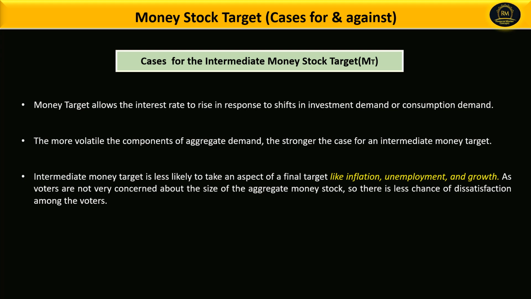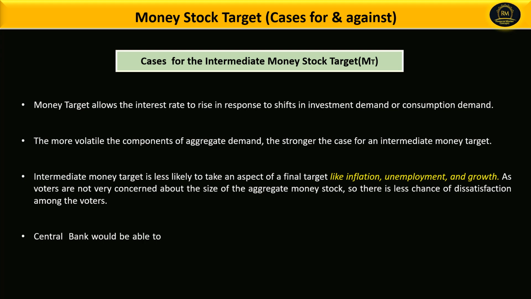Because of this reason, as the intermediate target is more of a technical kind, which is not so much a concern for the voters, as voters are not very concerned about the size of the aggregate money stock, there is less chance of dissatisfaction among the voters of the country.